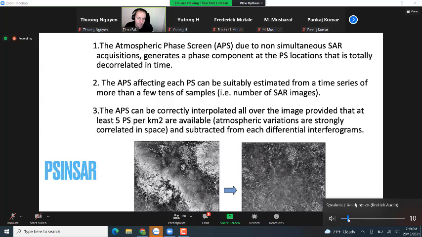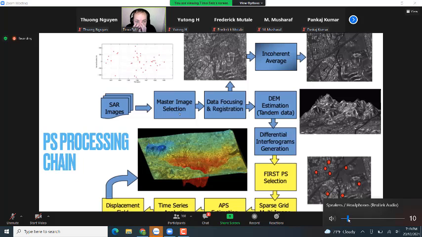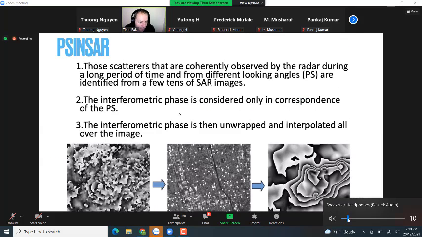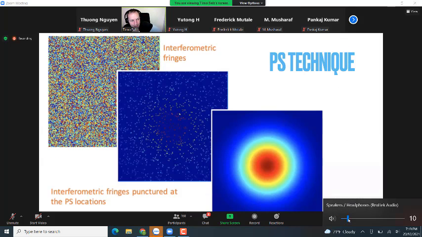All right, in that PS point definition, there is one more important part in the definition of a permanent scatterer. Originally, we defined them as being coherent over long periods of time. However, we add one more definition to them. We say they also have to be point scatterers. I showed you in InSAR the difference between point scattering and distributed scattering.